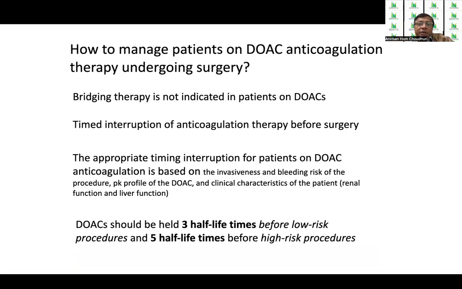Now, how to manage patients who are on direct oral anticoagulants and are undergoing surgery? Bridging therapy is not indicated in patients who are on directly acting oral anticoagulants.